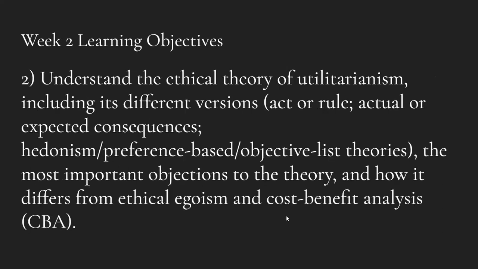Understanding the theory of utilitarianism, remember that really there are only 2 types that we're really talking about, even though we call them slightly different things, right? There's act utilitarianism and rule utilitarianism. Act is the same thing as what Smart calls extreme utilitarianism. Rule is what he calls restricted utilitarianism.